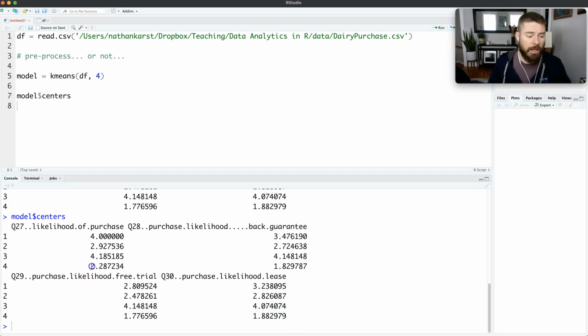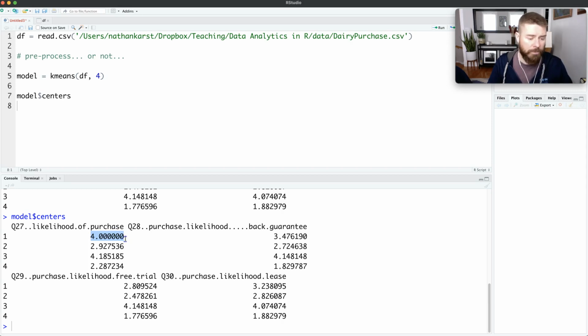The natural counterpoint then is cluster 4. Cluster 4 doesn't really like the product to begin with, but then if you add any additional thing on this, like a money back guarantee or a lease option, their opinion actually goes down. You might think that's a strange observation, but in fact it's true about the other two as well.